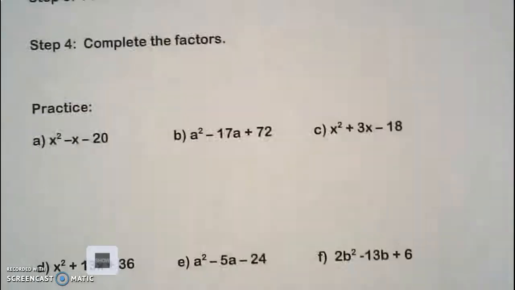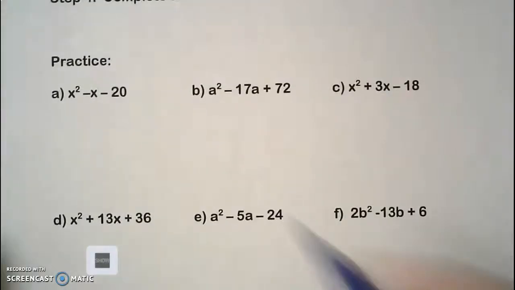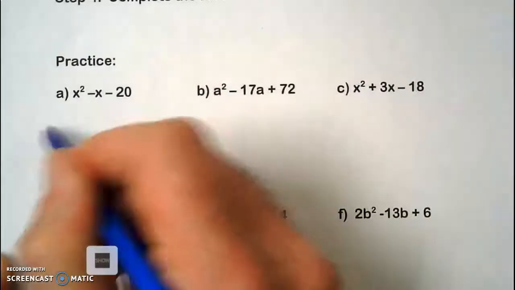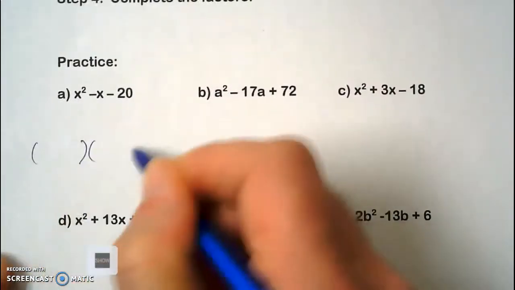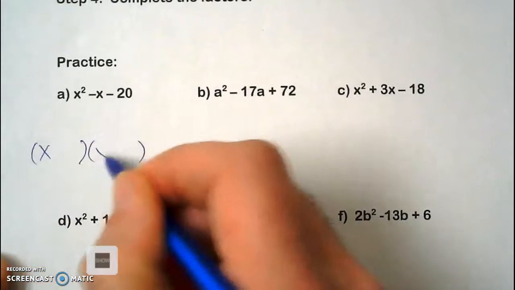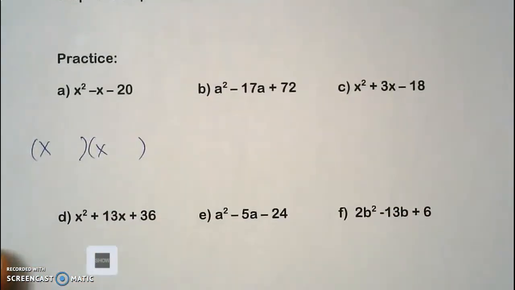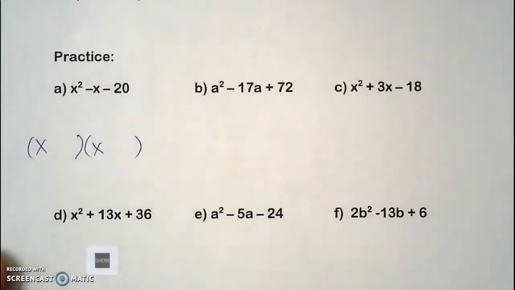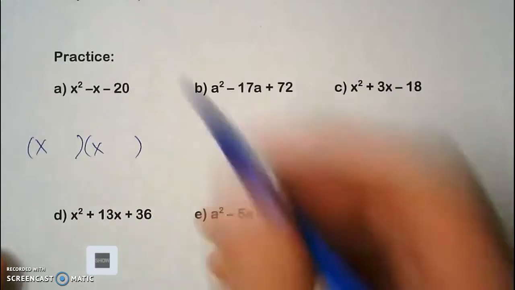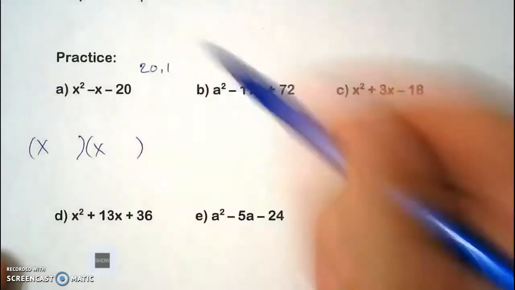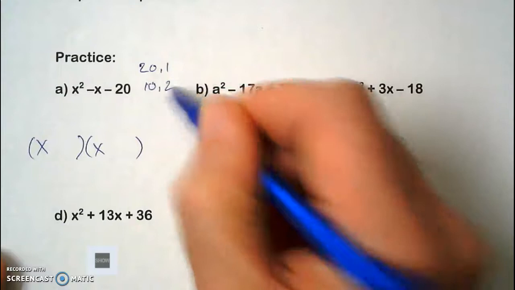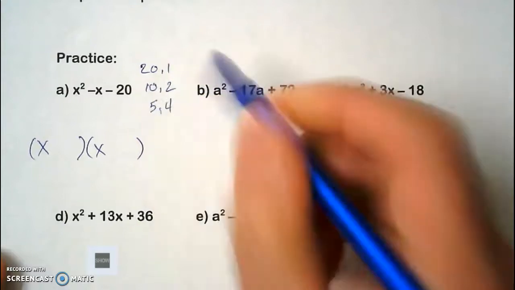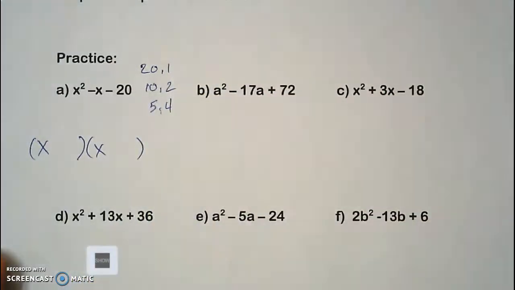You have to just kind of think of some numbers. Here, I'll tell you what. We'll just get started on it. For instance, make your parentheses, put an x here and in front of each. Now think, what numbers multiply to give you 20? Well, you have 20 times 1, you have 10 times 2, and you have 5 times 4. These are the possible answers.